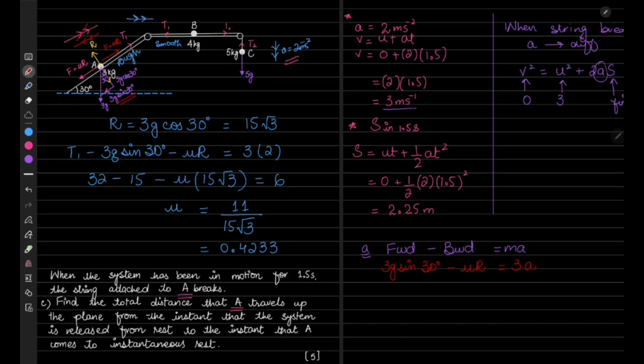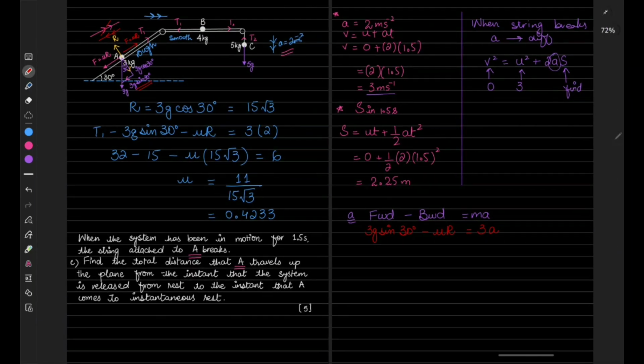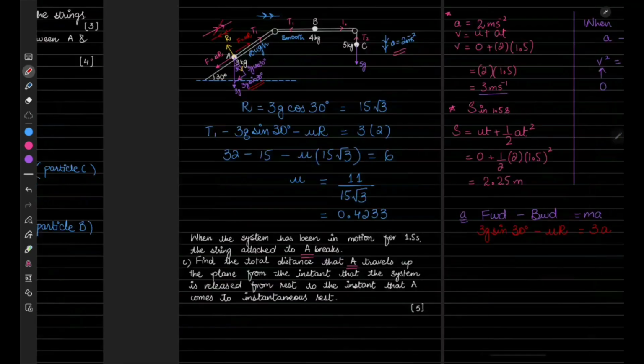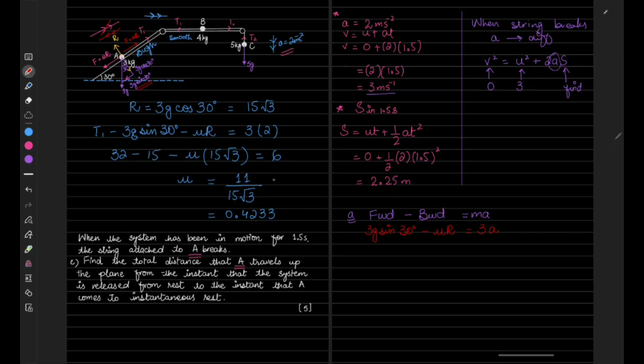Okay, now substituting in the same mu and R values that we just found in the last part. Mu we found here, mu is this, and R is this, 15 root 3.